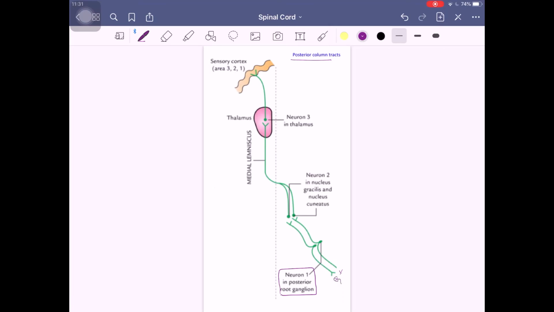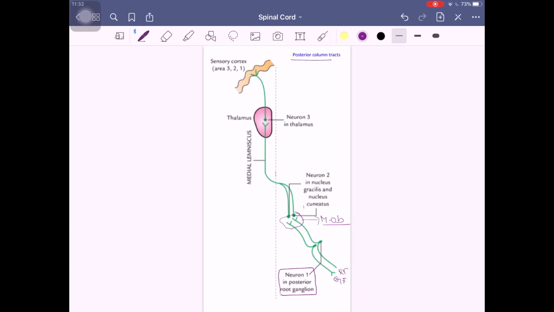Here you can just imagine both tracts starting. One is the gracile fasciculus, the other is the cuneate fasciculus. They start, and interestingly they do not relay in the spinal cord. They keep ascending, and you can see here they are relaying in the medulla oblongata.